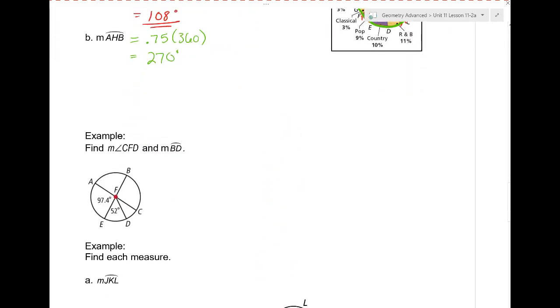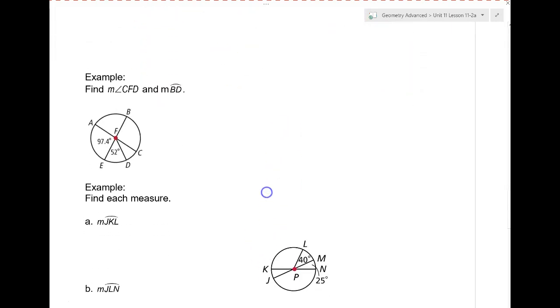All right, next one. It says find the measure of angle CFD and the measure of arc BD. So I want the measure of angle CFD right here. Suggestions, anyone? Don't forget things you already know. Do I even have to use the circle right now?